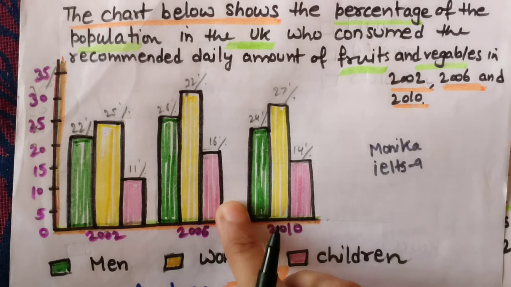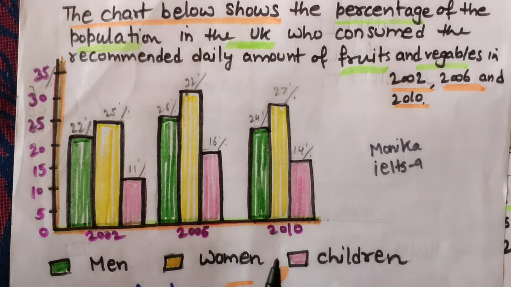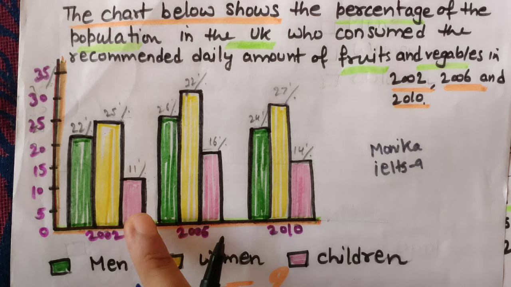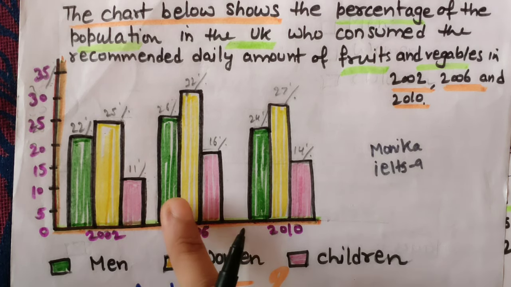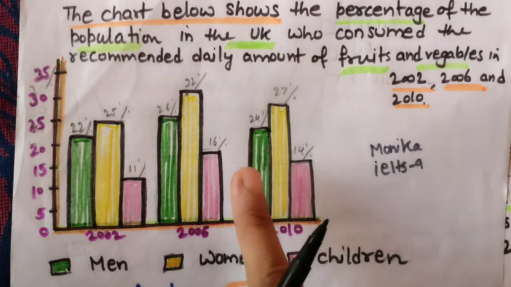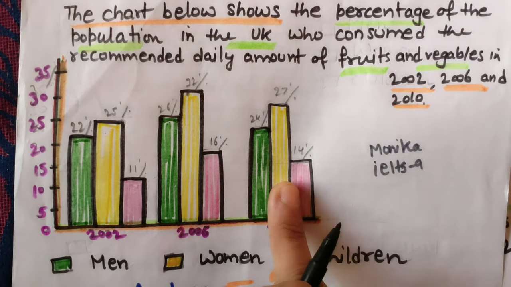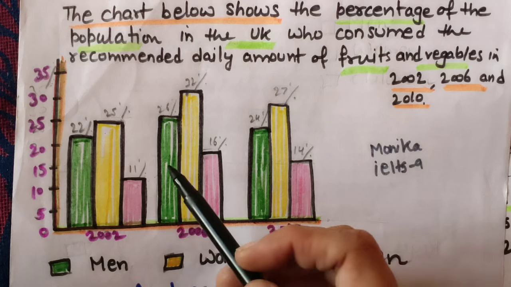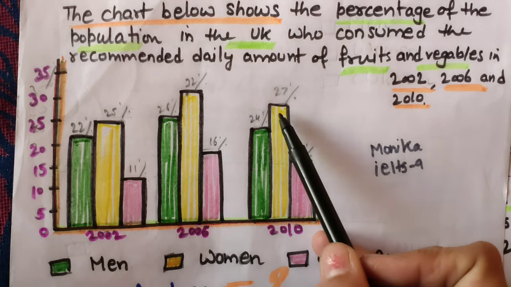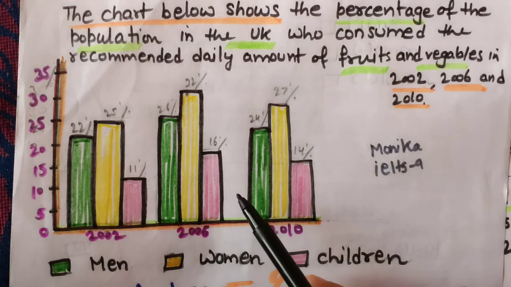Now from the overall point of view, please see, I can see the pink one means children. They are consuming less. Their portion is less, 11%, 16% and 14% as compared to men and women. Of course their age is less, that's why. But I can see women consuming more as compared to the other two categories.